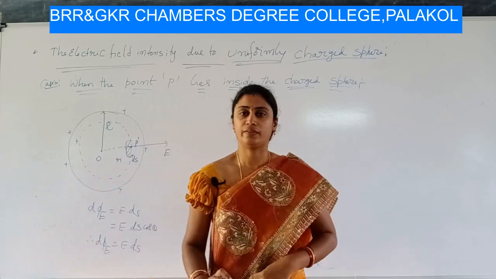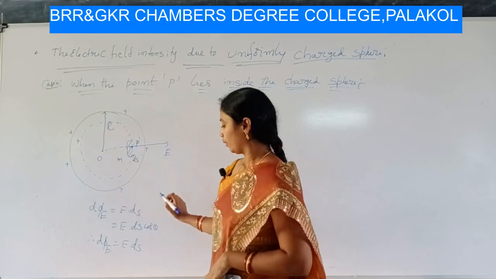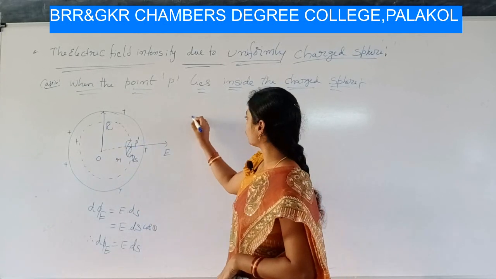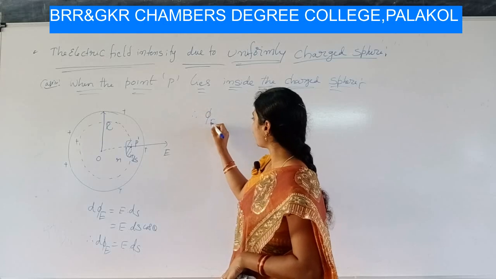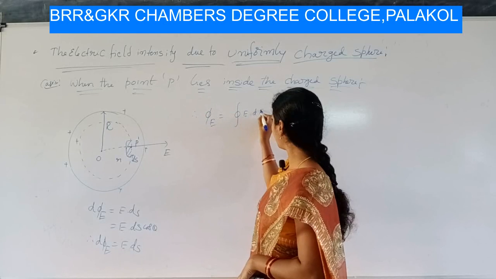For calculating the electric flux for the entire Gaussian sphere, we integrate the above equation. Therefore, flux phi equals the closed integral of E dot dS.